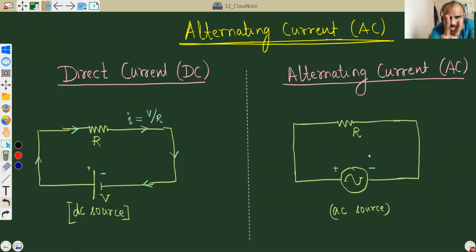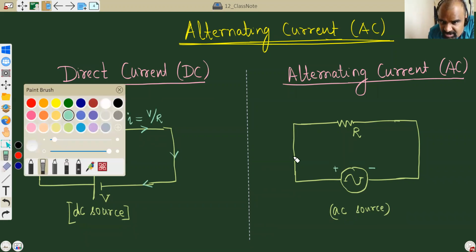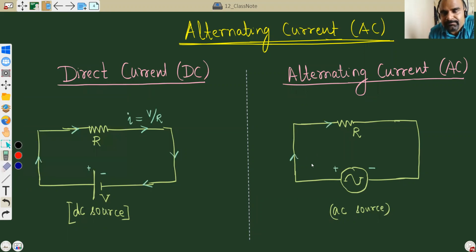So you see, it keeps on flipping, it keeps on alternating. And that's why we call it alternating current. Now listen, at the moment this is the positive terminal, current will flow this way, which means clockwise.